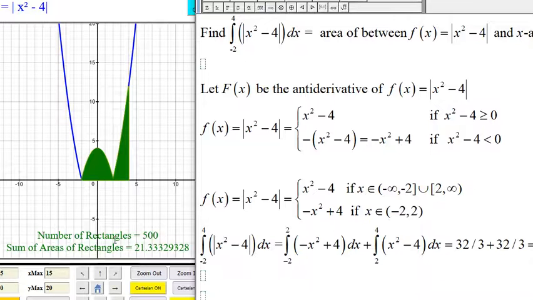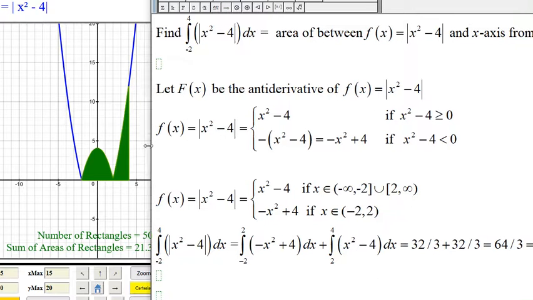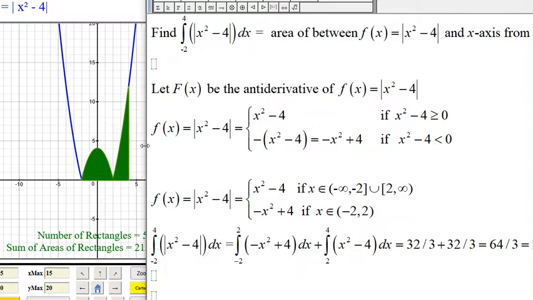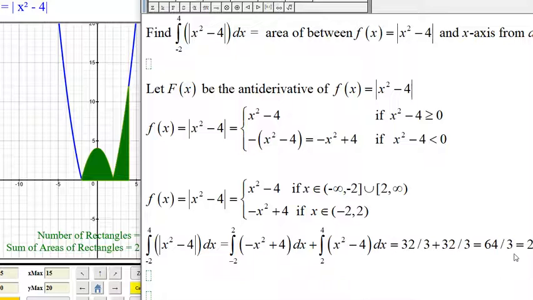And that's what we get when we fill this up with 500 rectangles; the program here says that it's 21 and 1/3 basically. And so the area of this shaded region altogether is 64 thirds, or 21 and 1/3.